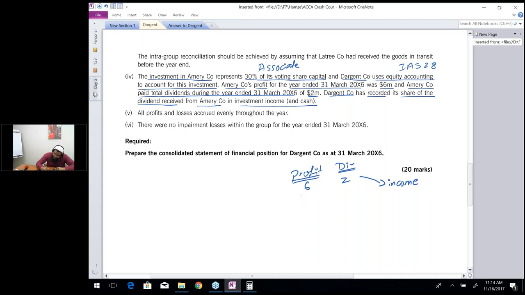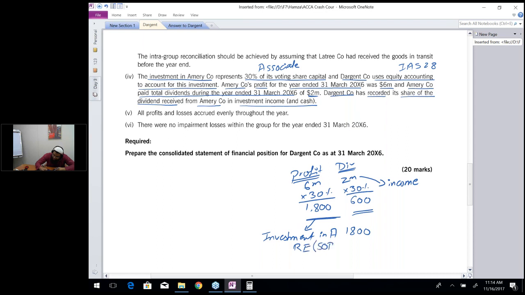Now let's see, we have a 30% share in this profit and we have a 30% share in the dividend. So the share of profit is 1800 because we are writing the entries in thousands, and the dividend is 600. So if I write down the correct entry, the correct entry for profit is investment in associate debit by 1800 and retained earnings, or the share of profit in associate, credit by 1800.